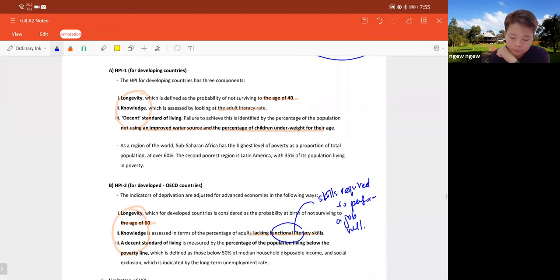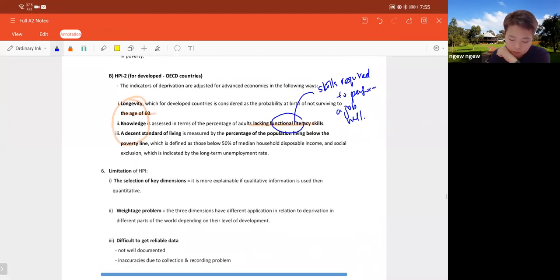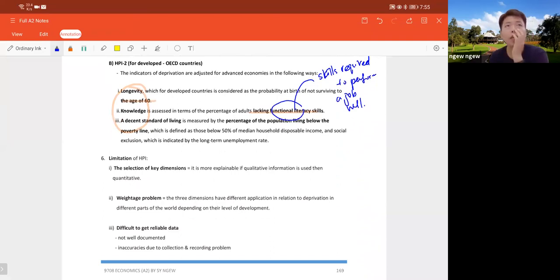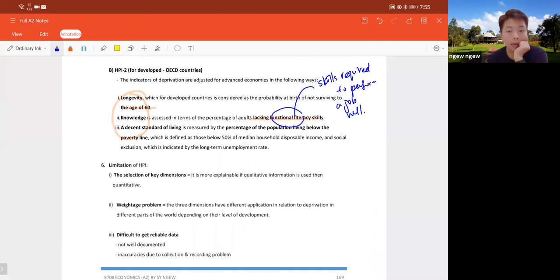That's the case. However, in terms of pros of HPI, honestly, I cannot find any actual pro except that they measure from the aspect of deprivation, okay, how much people are deprived. And there are limitations of HPI as well.